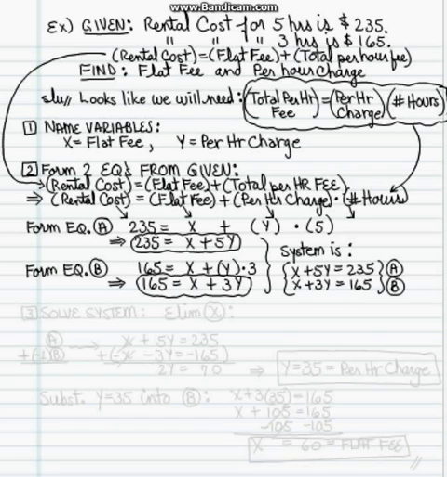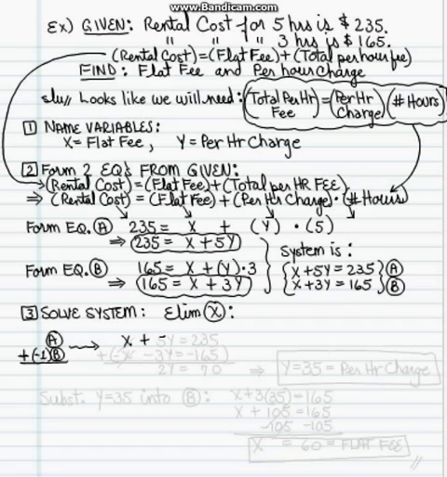All right, let's go to step 3, solve the system. I think it would be easiest to use the elimination method. So I think we're going to eliminate x. To do it, let's do equation A added to -1 times equation B, because when we do that, the lower x becomes a negative x, and they add together and cancel each other out.